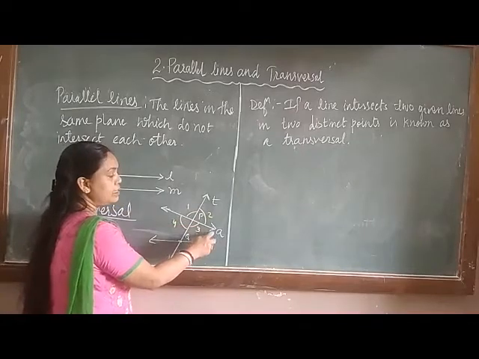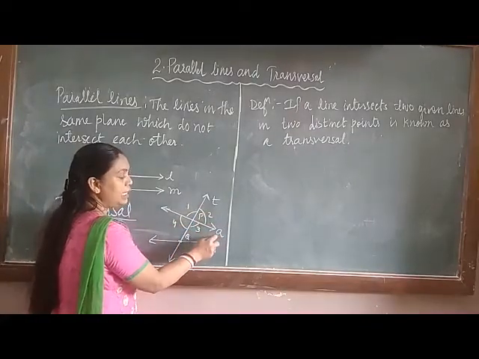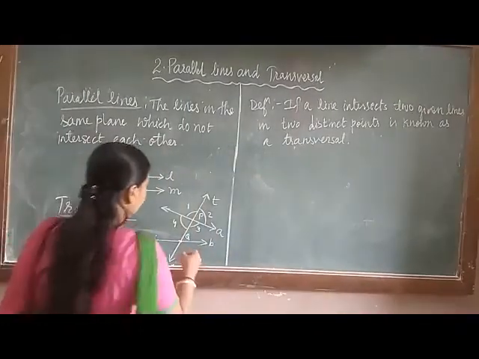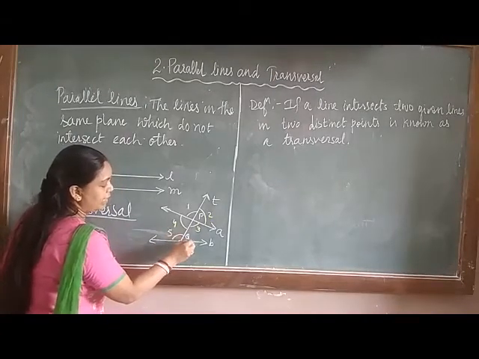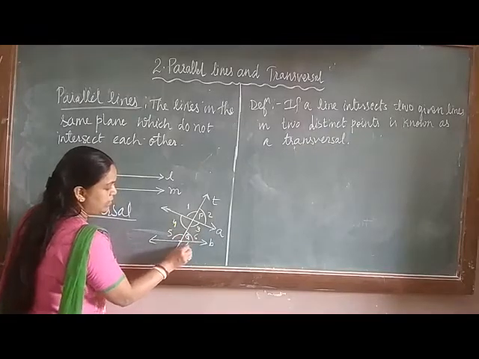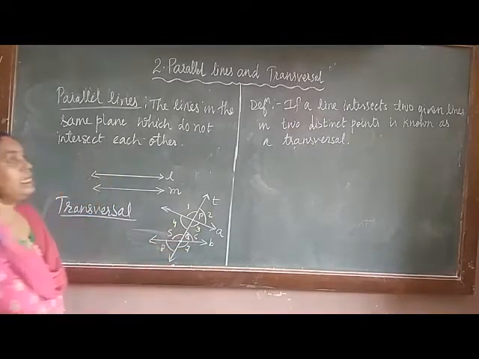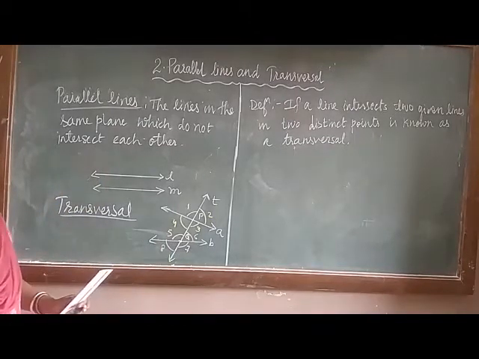So 4 angles are made because of the transversal on line A. For the next pair, let us name them 5, 6, 7 and 8. Thus 8 angles are formed due to this transversal.